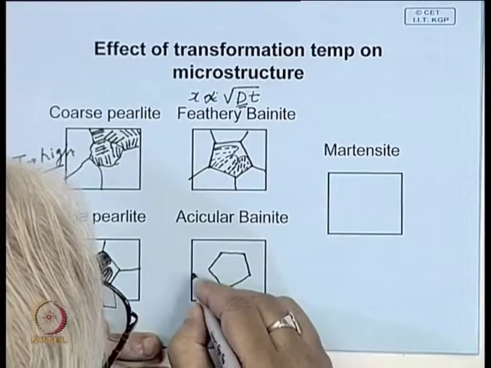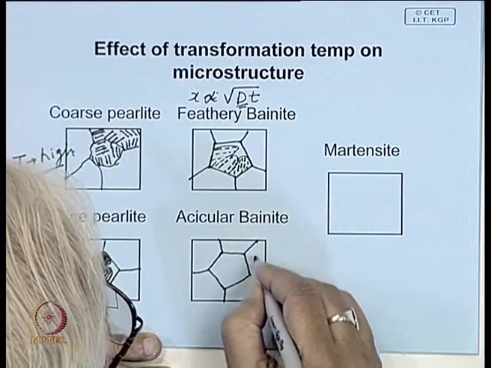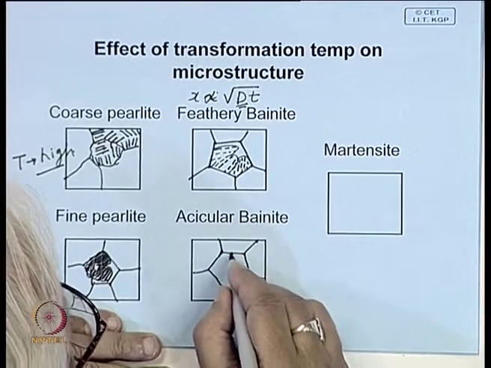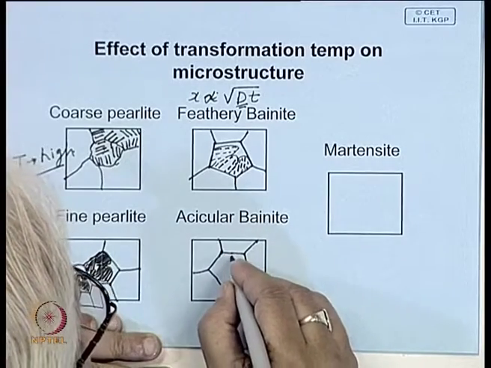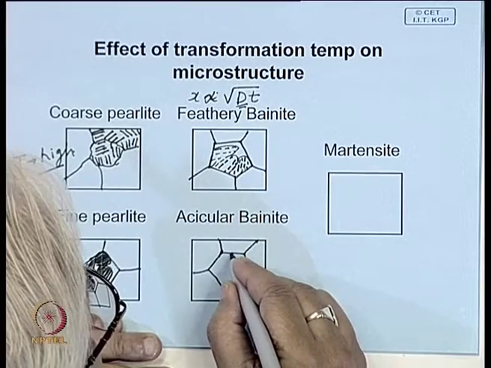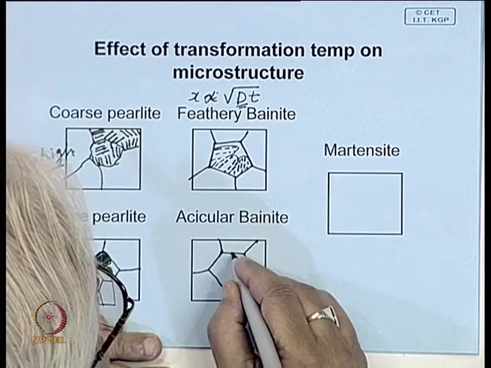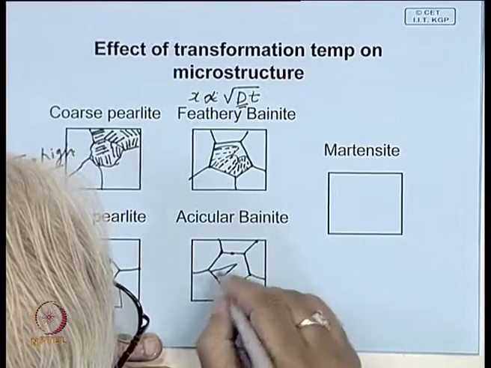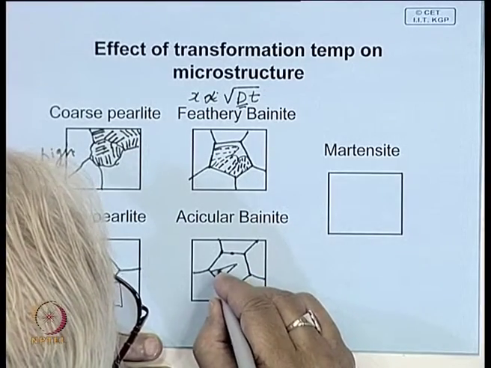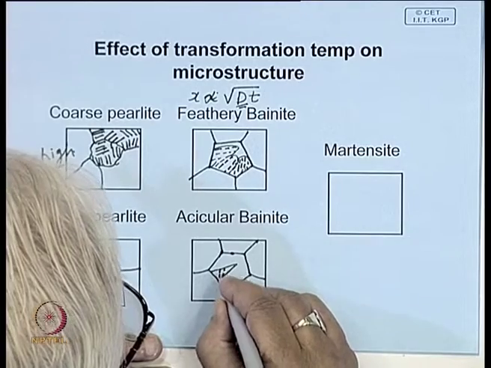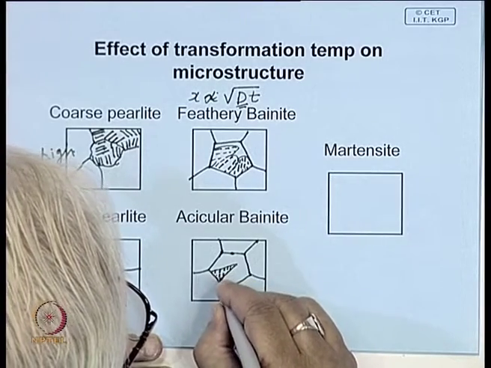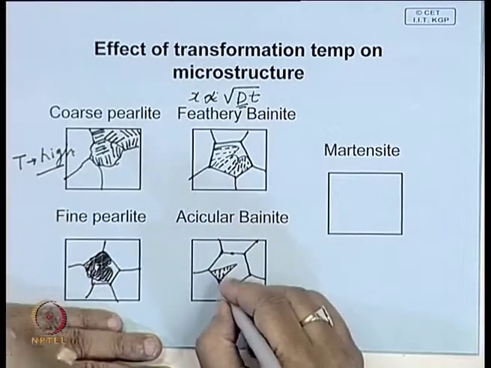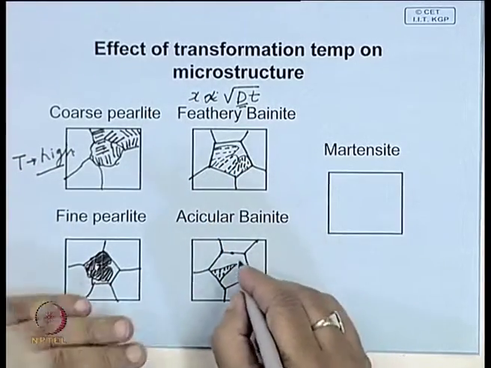here also this transformation always starts near the boundary, and sometimes this type of ferrite grains are formed, and here you have carbides, and these carbides are differently aligned. Here it is along the grain, and here it makes a particular angle.